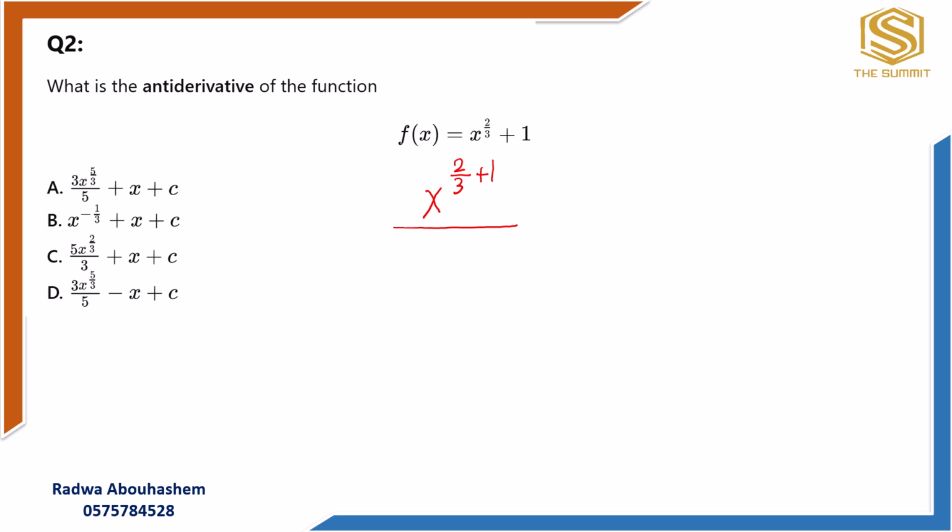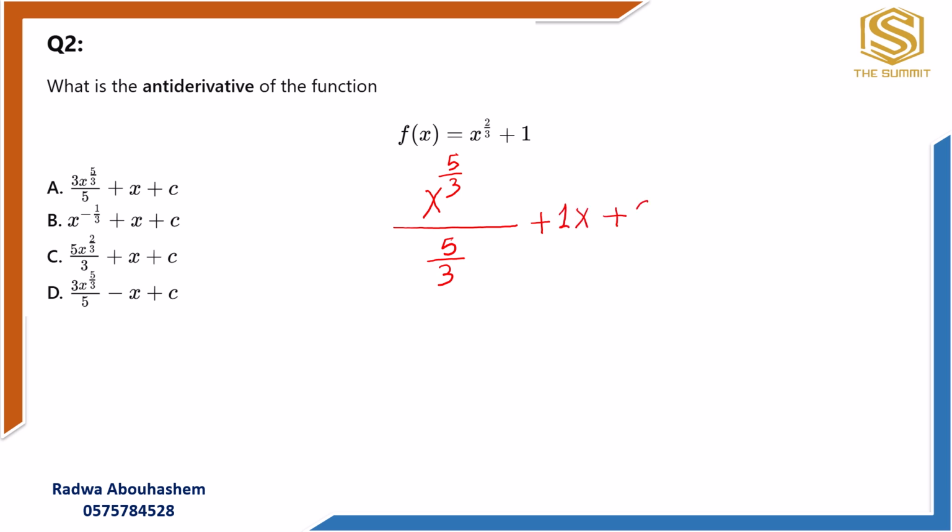So here the denominator is 3, so I could use 1 as 3 over 3. So it would be 5 over 3. Let's change this one to 5 over 3. Plus 1 here. Again, the integration for any number, you just put the x beside it.